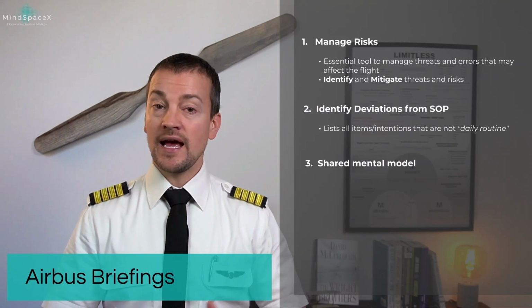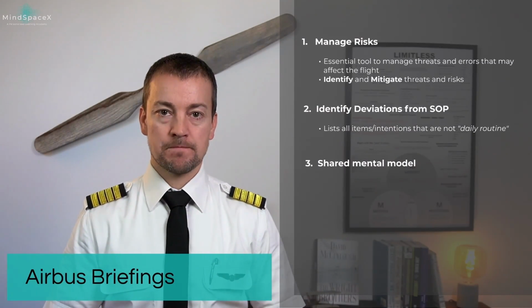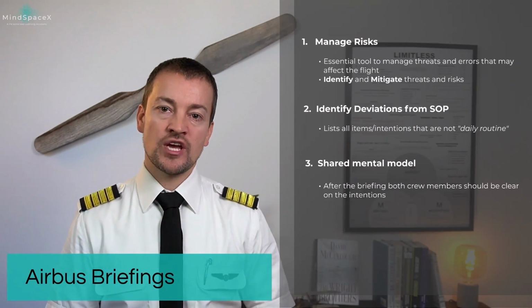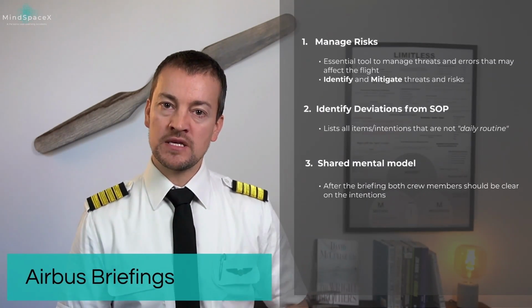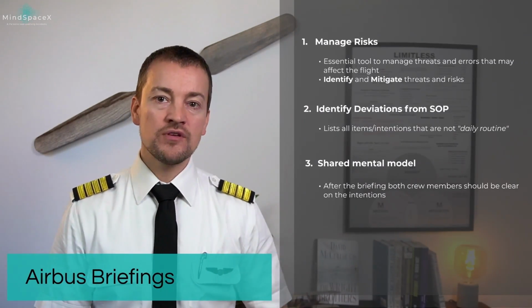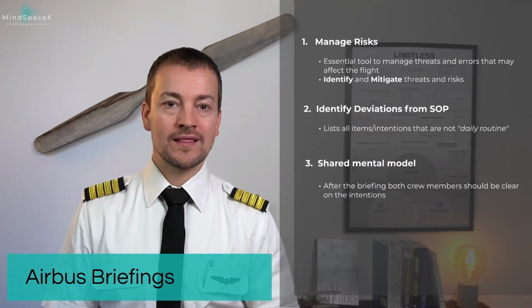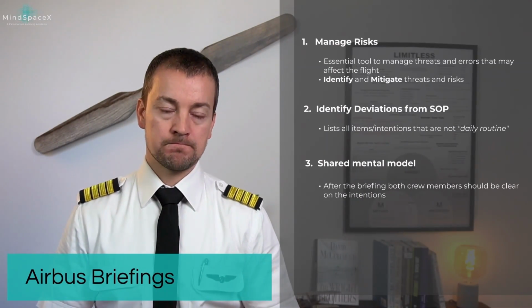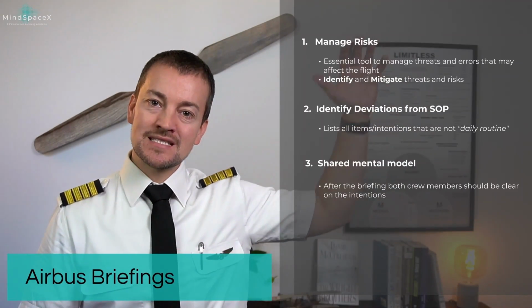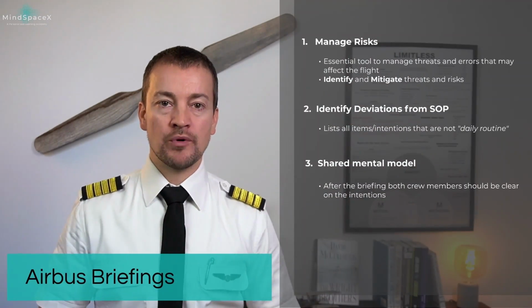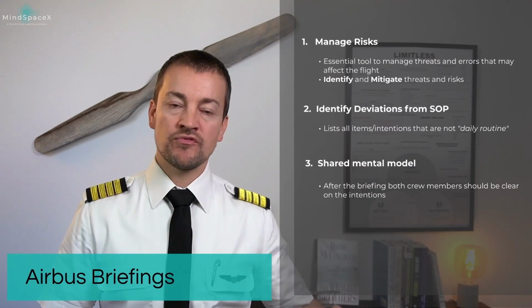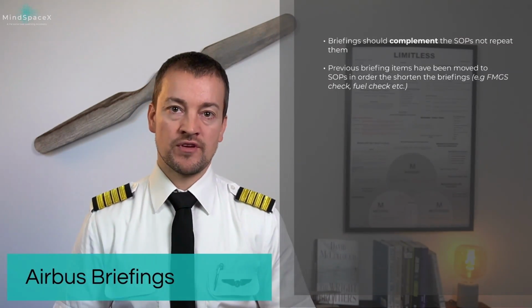PM will go first, and then the pilot flying. This will generate a shared mental model between PM and PF, so that after the briefing, both crew members are totally in the know of what the intentions are. We use this same layout for both the departure briefing and for the arrival briefing.